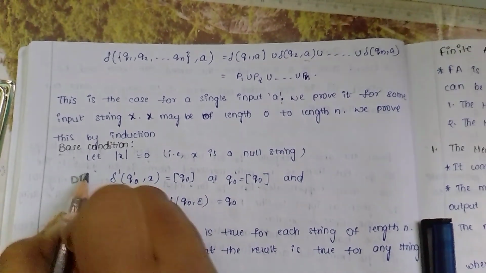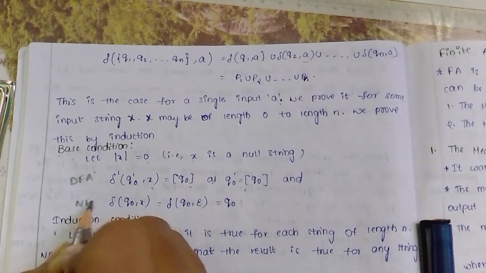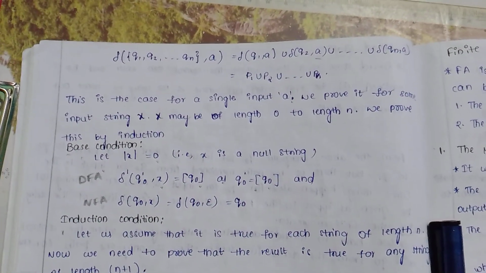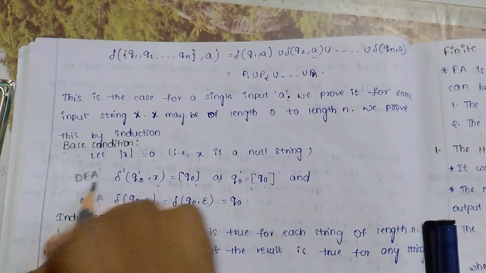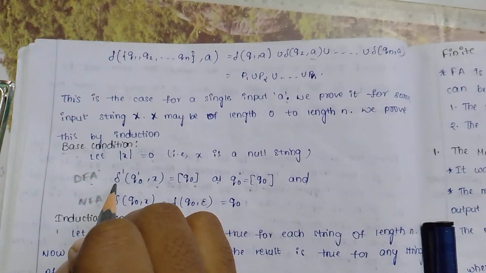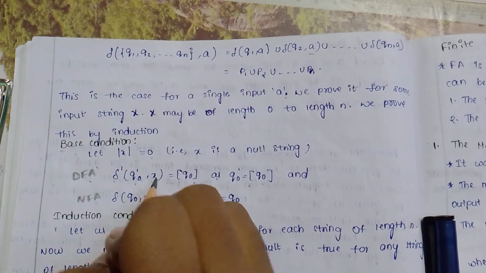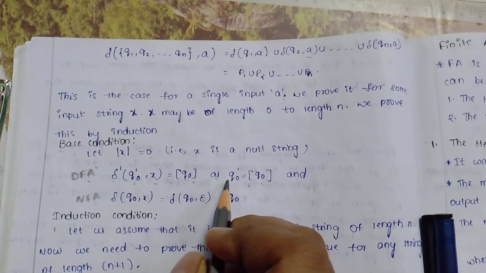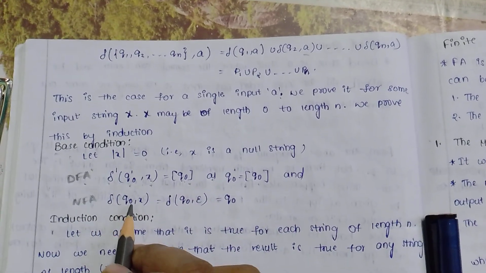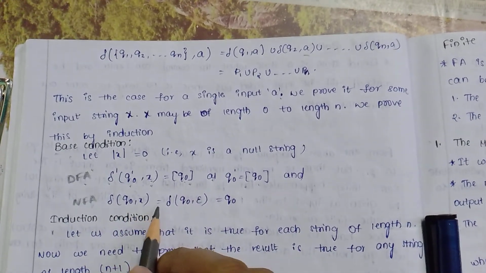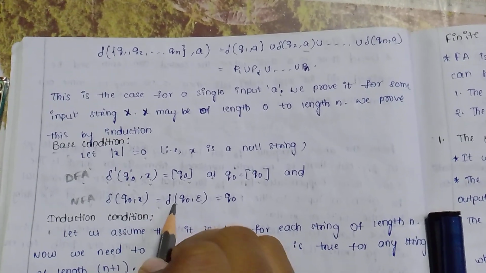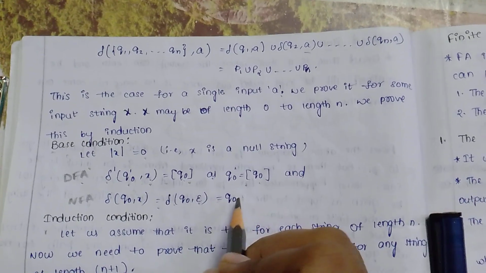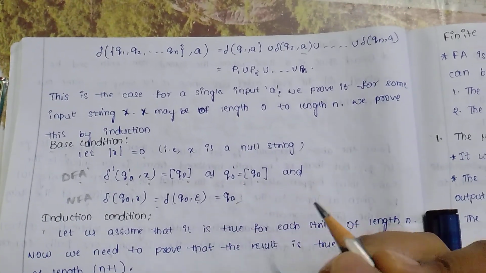This is the DFA and this is the NFA; we represent the DFA with a dash. So δ' of q0' with input x gives q0, so it remains in the same state, and δ of q0 with input x equals δ of q0 with the null string, which remains in the same state, that is q0.